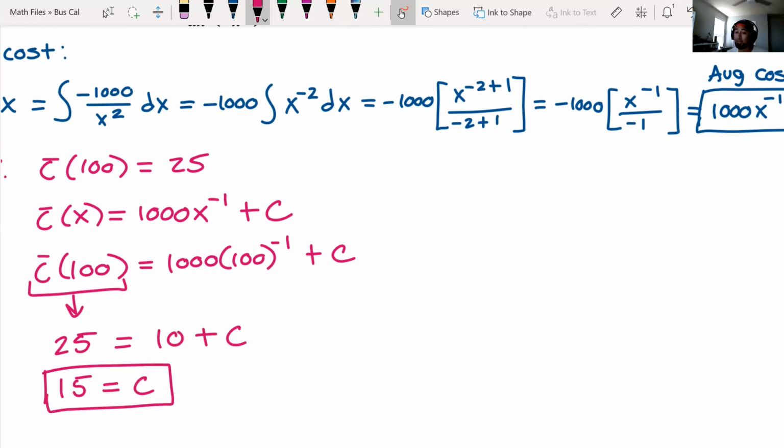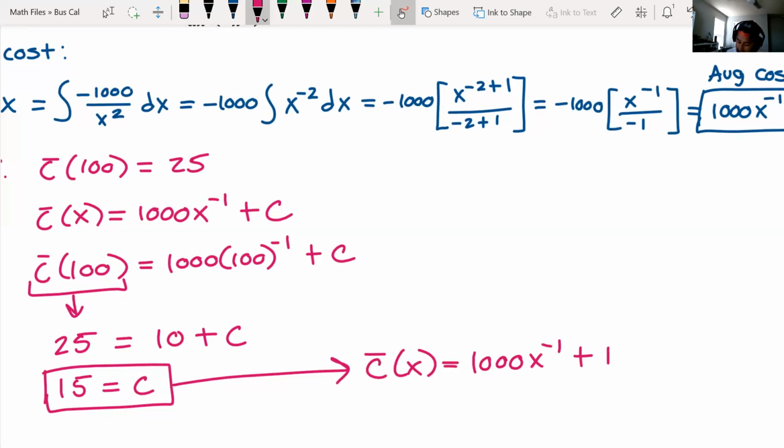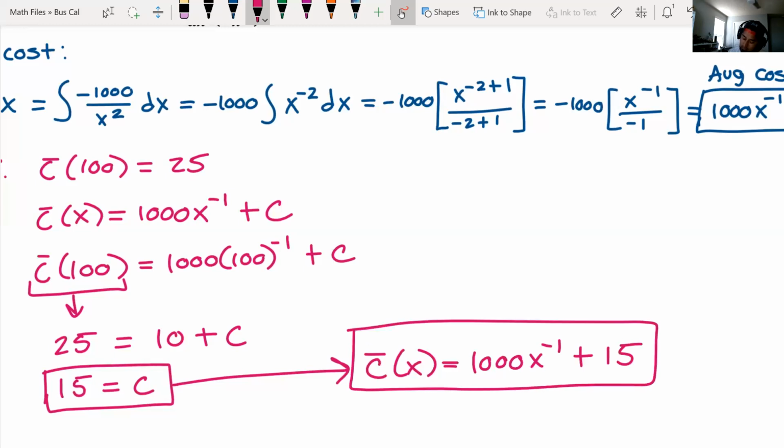And what this all leads to is the actual average cost function. So C bar of X is now 1,000x to the negative 1 plus 15. There's the average cost function.